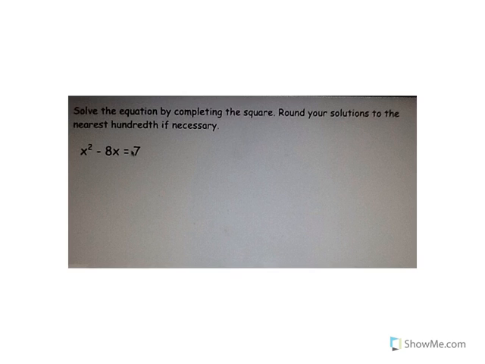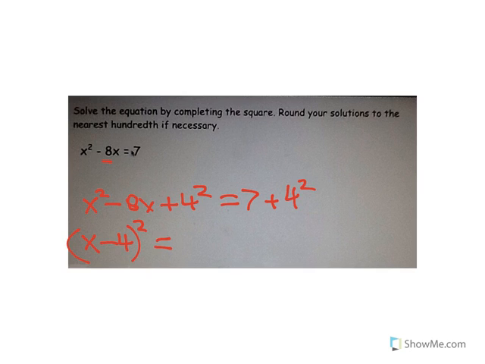Let's do one here. So it's going to be the value 4 squared. So it's going to be x squared minus 8x plus 4 squared. I'm just going to leave it like that. So now this is going to be x minus 4. The reason why it's minus is because it's a negative in front of that 8.